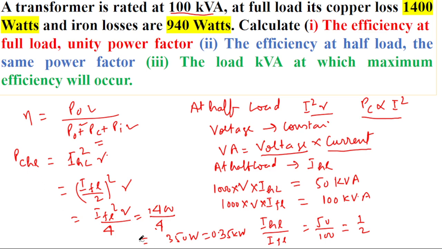Now we know this copper loss at half load, we know PI is constant, PO is there, so we can calculate the efficiency very easily.